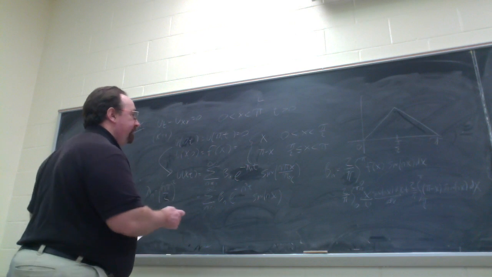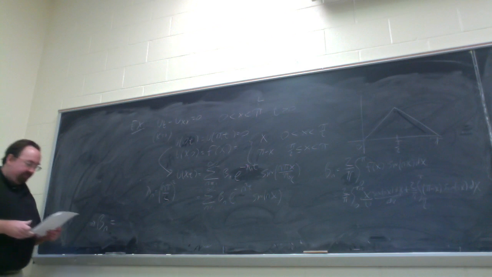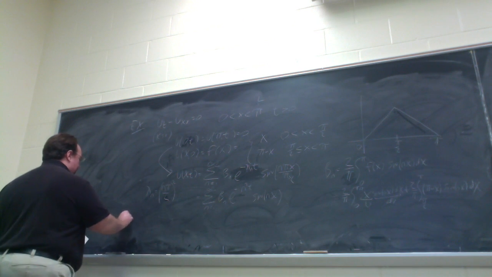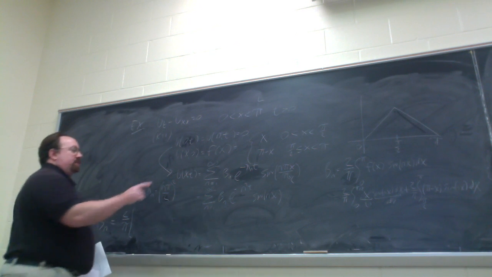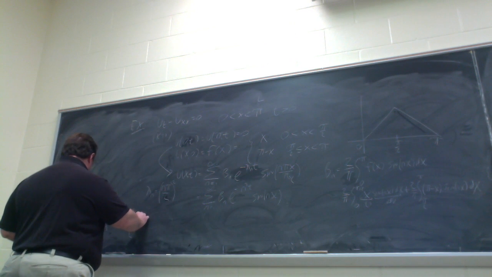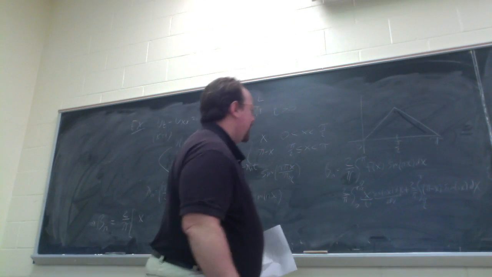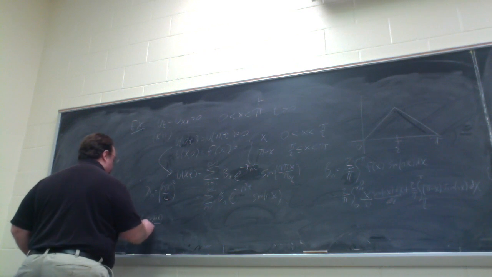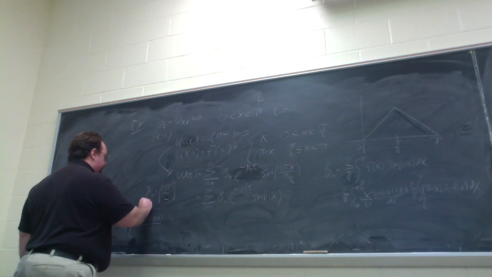Okay, so I'll carry out the integration over here, where I have some space. When we carry out the integration by parts, I have 2 over pi out front. Our u is x, and then our v is the integral of sine nx, which is minus cosine nx over n. So this is the uv part.